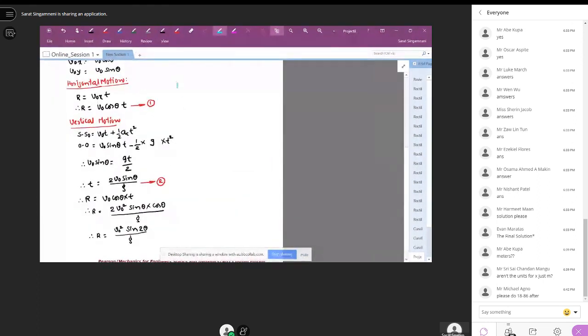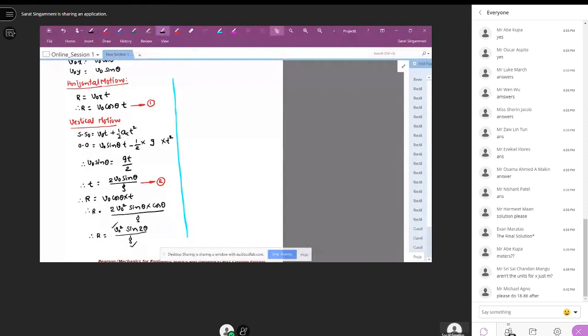Now, come here. If you want this to be maximum, our velocity V0 is the given velocity. We cannot change it. G is constant. You cannot change it. It is universally constant. And so sine 2 theta is the only thing you can change.